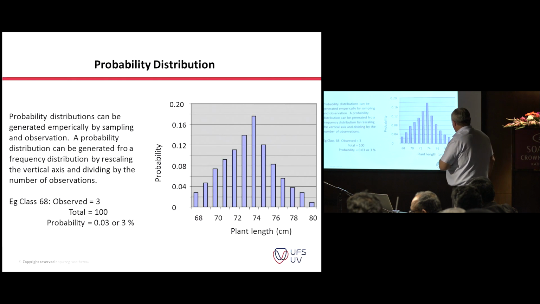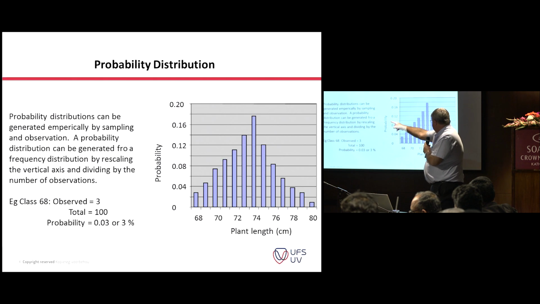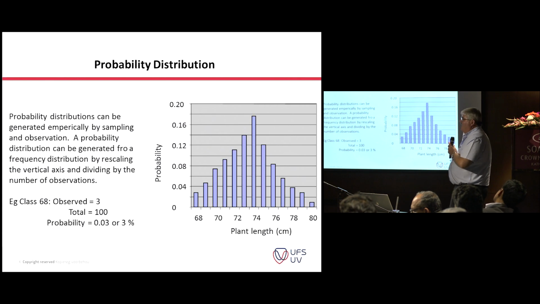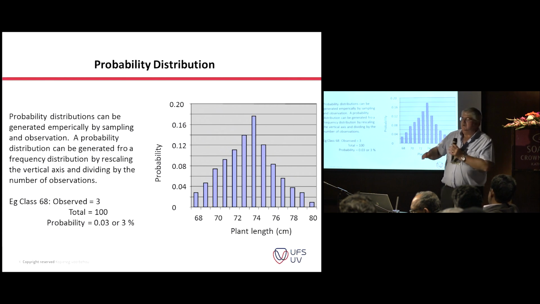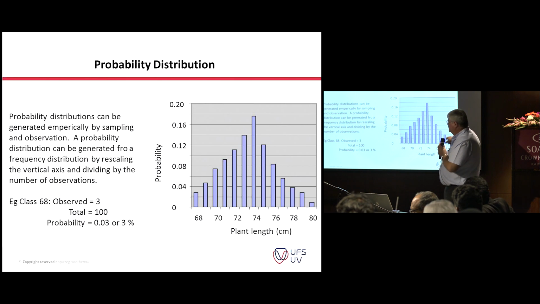So in other words, I've got these plant lengths. I know the mean is 74 centimeters. I can answer the question now based on this distribution.